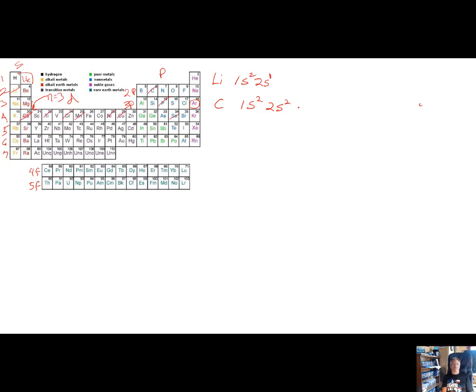Finally, we get to the 2p. You look over here and see n equals 2, and this is the p block. Carbon is 2p2, and that is the full electron configuration for carbon.